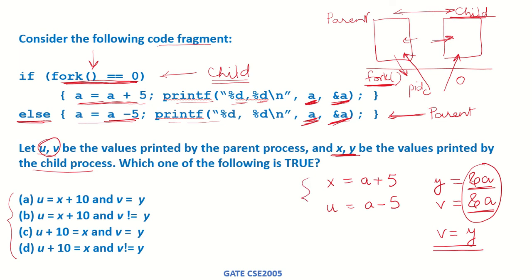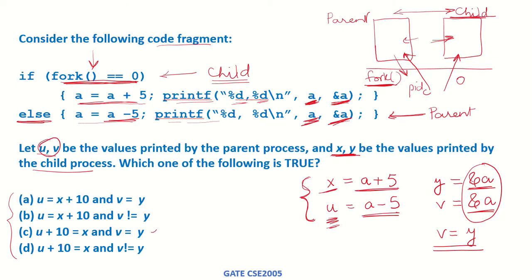Now let us compare these two values, x and u. We can see that x is equal to a plus 5 and u is equal to a minus 5. So there is a difference of 10 between x and u. So whatever is x, x minus 10 is u.